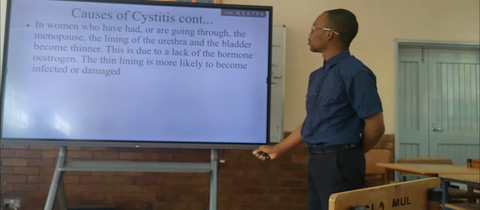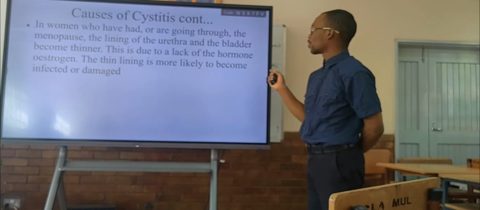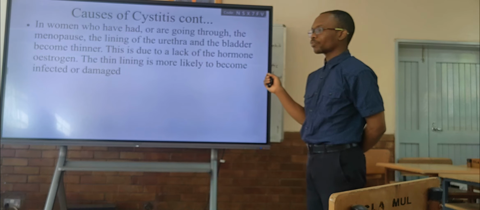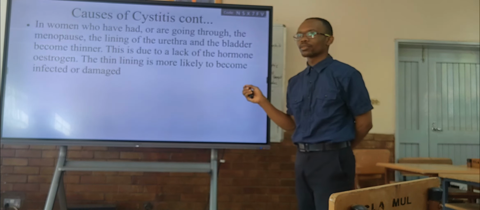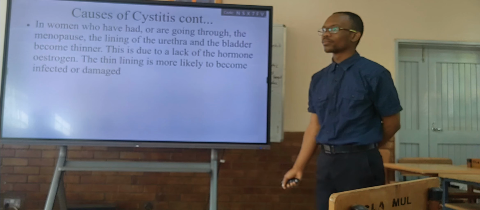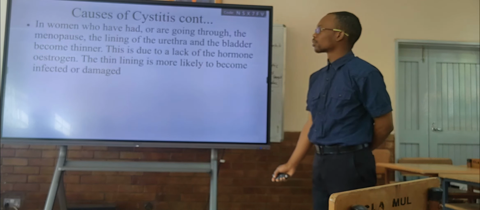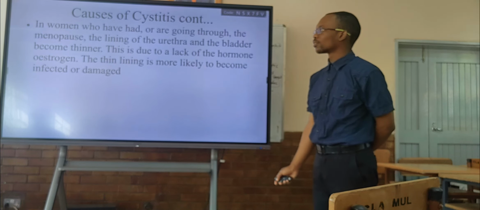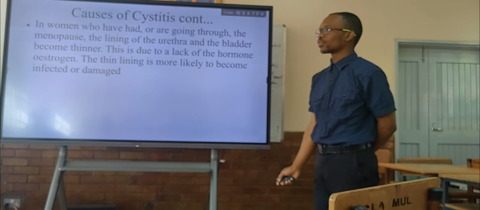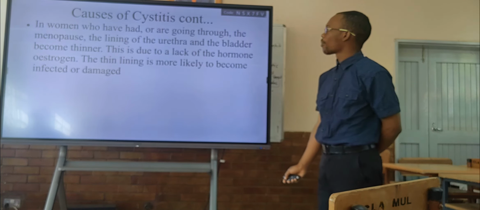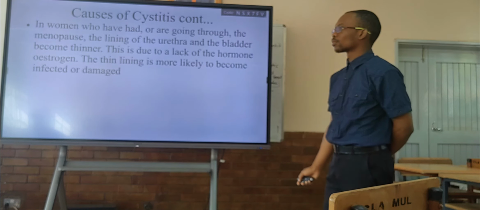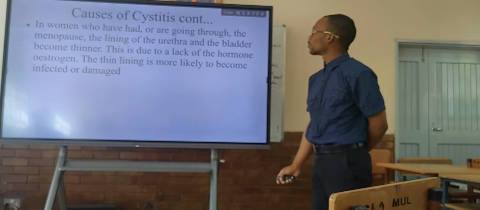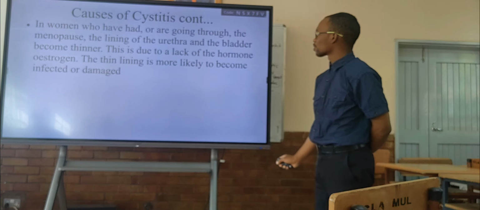In women who have had or are going through the menopause, the lining of the urethra and the bladder becomes thinner.